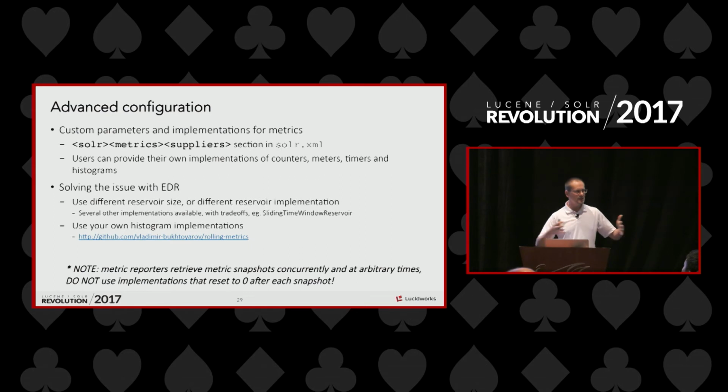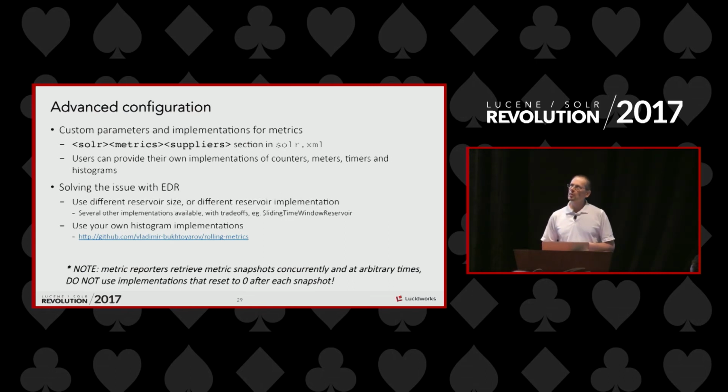If the reservoir is much larger, then the likelihood of losing important outlier information is less, right? Or you can specify a different reservoir implementation, and Solr comes with several alternative implementations of this, each with its own trade-offs. So please read the docs. Some very smart people came up with their own histogram implementations.